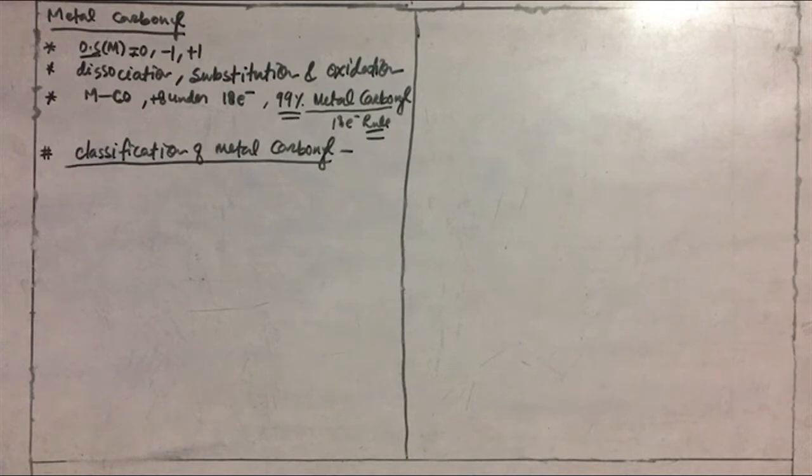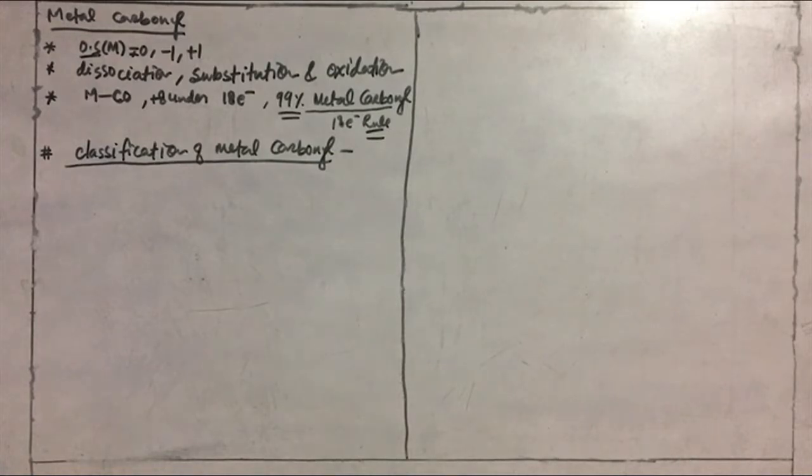The classification is basically of two types. First, on the basis of ligands, and second, on the basis of the number of metal atoms and the structures of metal carbonyls.